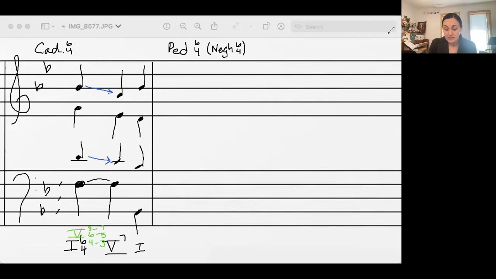Okay. So let's see here. Let's shift gears a tiny little bit and let's maybe go to G major. Why not? Just do some key variety here today. Okay. Now, unlike the cadential 6/4, the neighboring 6/4 does not have a hard and fast rule in terms of placement rhythmically.